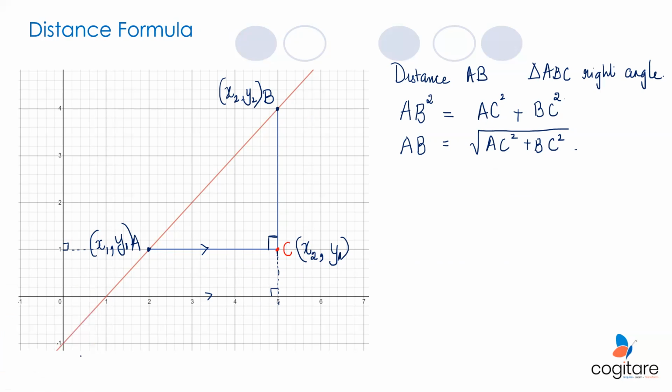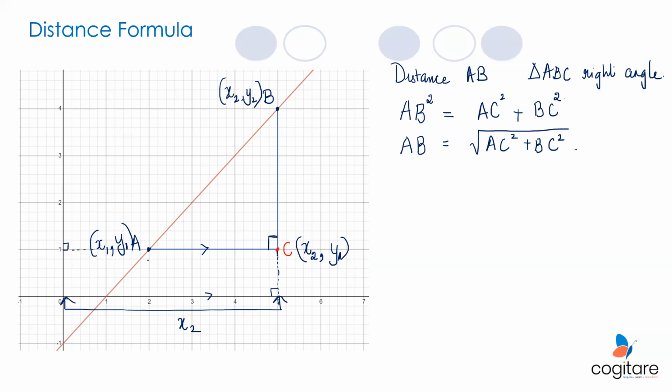Now what we're going to do is find out what this distance AC could be, because both A and C lie on the same line. This distance is nothing but x2 minus x1, right? Why is that? Observe here. This complete distance, guys, is x2, okay?